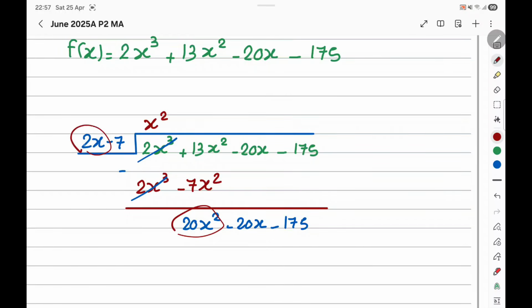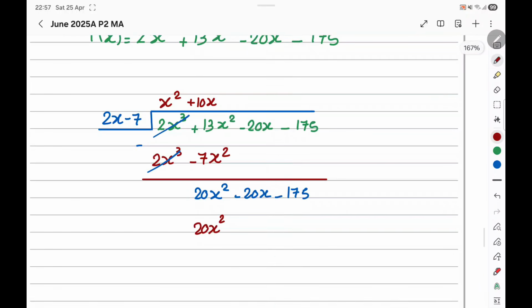Divide the first by the first. 20x squared divided by 2x is 10x. So plus 10x, multiply 10x by 2x minus 7. 10x times 2x is 20x squared, 10x times negative 7 is negative 70x.